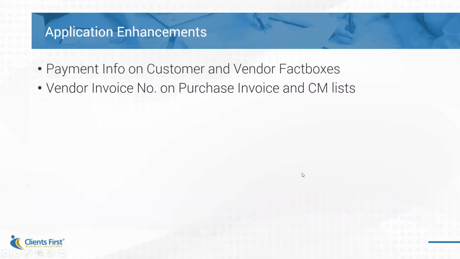The vendor's invoice number is preserved and presented on the posted purchase invoice and credit memo lists, so we can see that information. Time information is stored directly on registers.